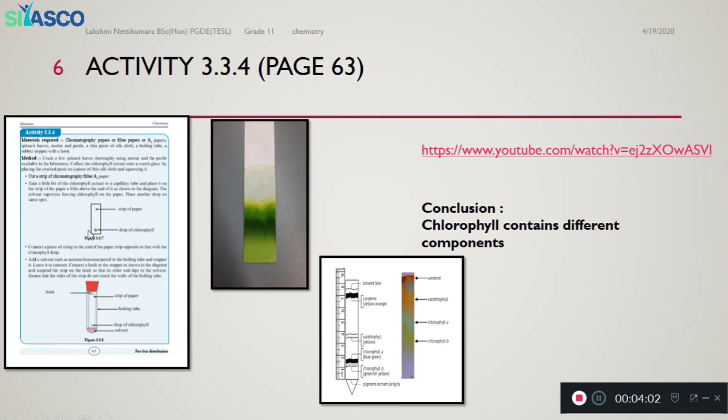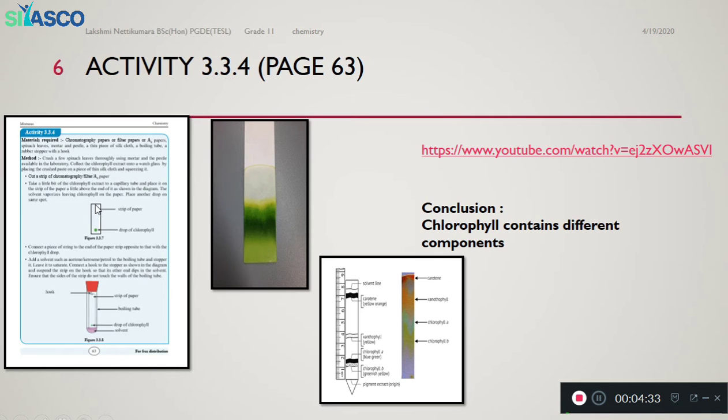Take the filter paper and prepare a piece like this. The width is 2.5 centimeters and the length depends on the boiling tube that you take. Then you have to put a pencil line somewhat closer to the back end, and put a drop of the spinach extract here.